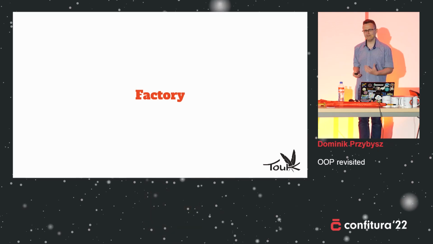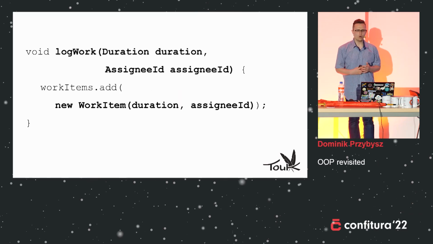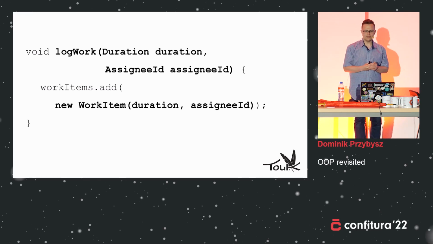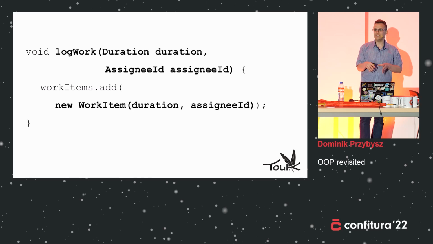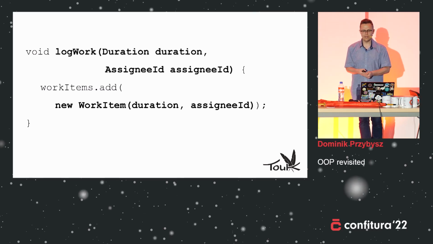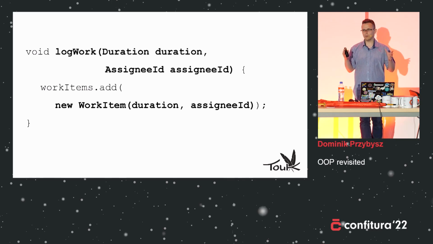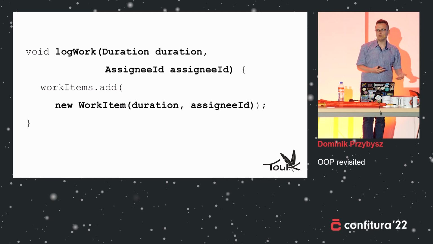But I think that we should also think about local factories. So our log work method, from some incoming parameters, can create some work items and store them internally. And for us, this is some kind of local factory, and we are responsible inside such code for such one property, and we should keep it as private as possible because we are responsible for the things that we have created.